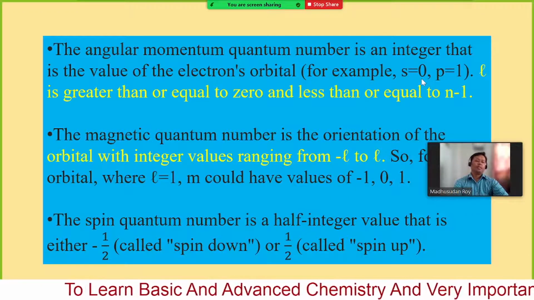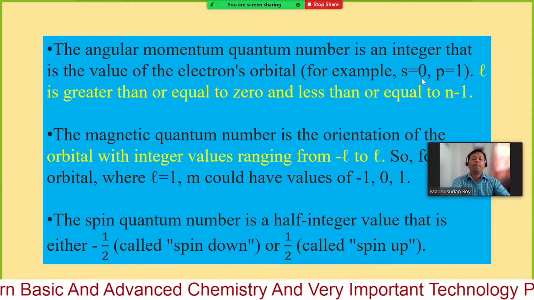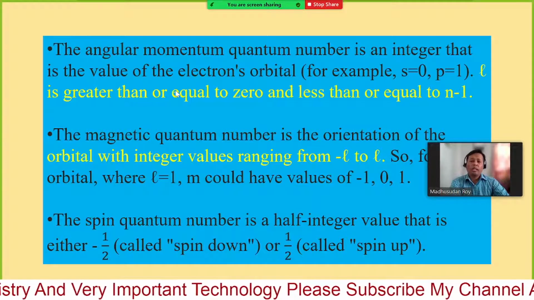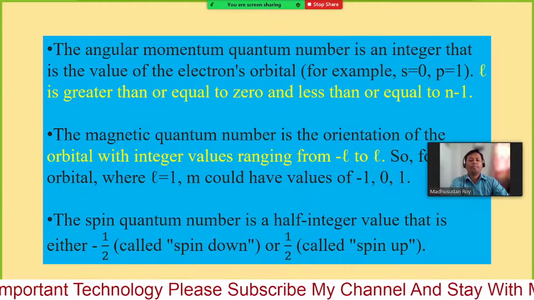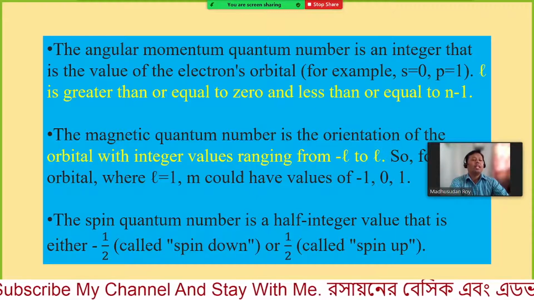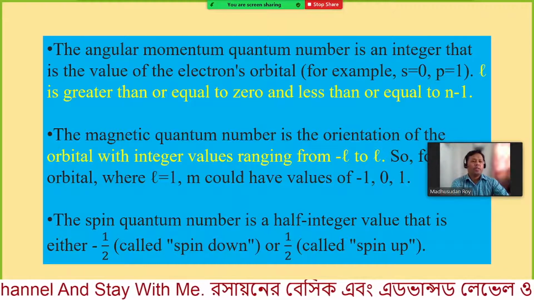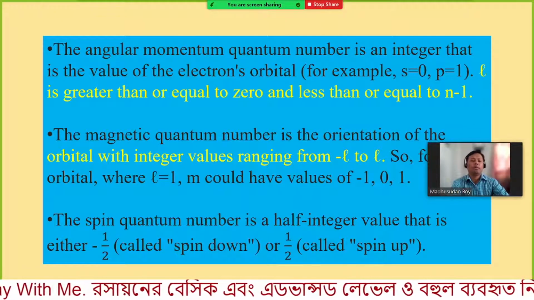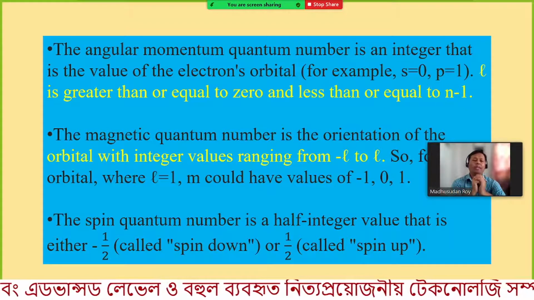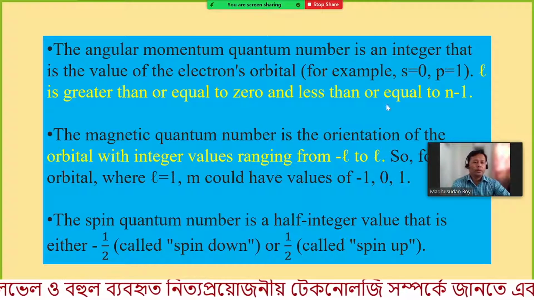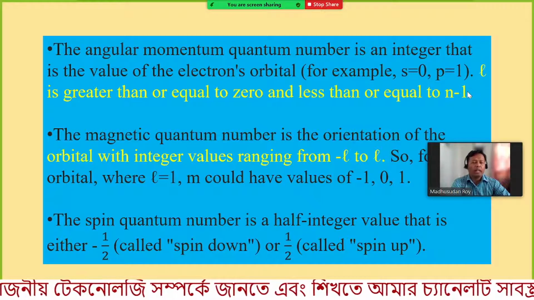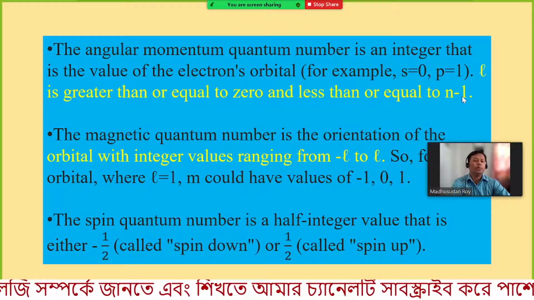We mentioned that the principal quantum number cannot be 0, but for the azimuthal quantum number the value of L can be 0 to n minus 1, where n is the principal quantum number. So if the principal quantum number is 3, then the maximum L value is 3 minus 1, that means 2.